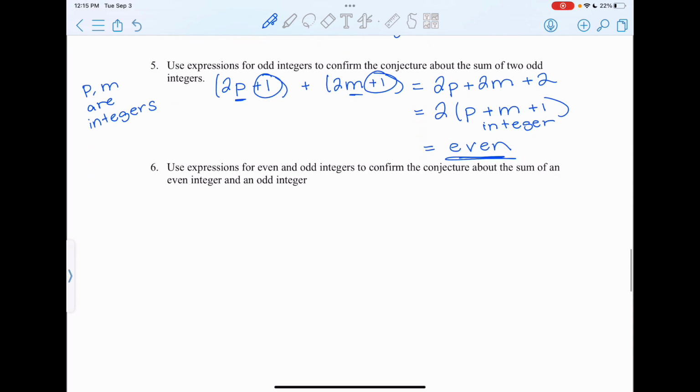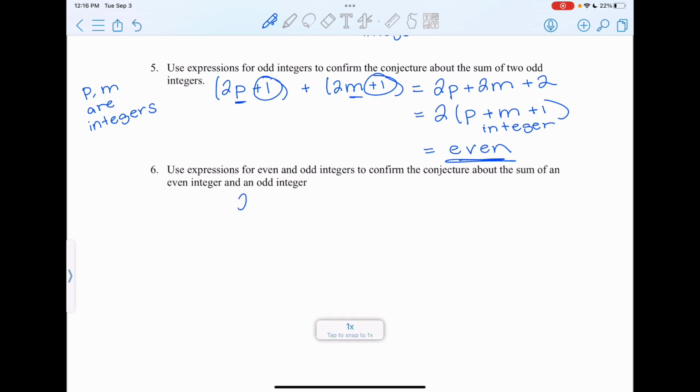Let's try this one more time. I want to prove my conjecture about the sum of an even and an odd integer. I'm going to use 2p to represent my even integer and 2m plus 1 to represent my odd integer. I can factor out a 2 from the p and the m, but then I have the plus 1 left over.